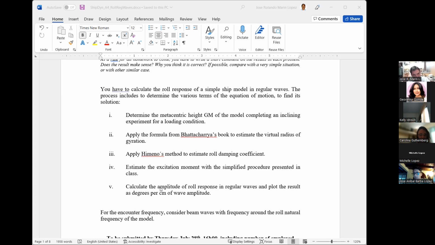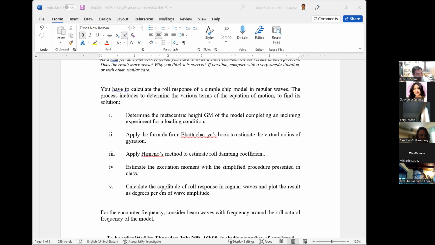So we need this parameter. You calculate the amplitude in degrees. You know the excitation, since it is a small wave, we express it in centimeters. For example, for these calculations, you can take directly 1 centimeter as the wave amplitude.